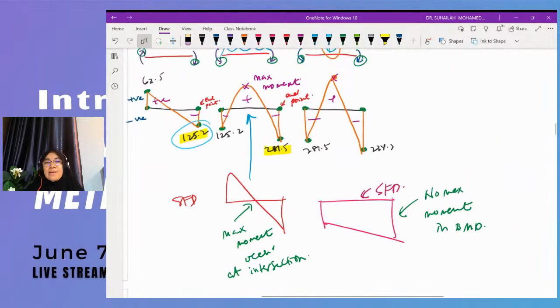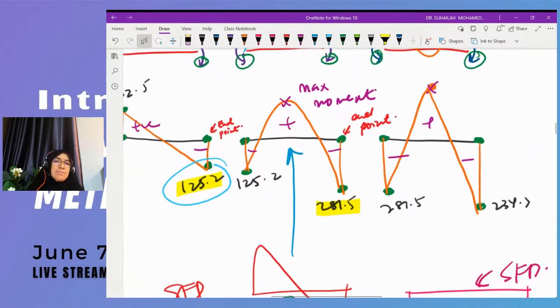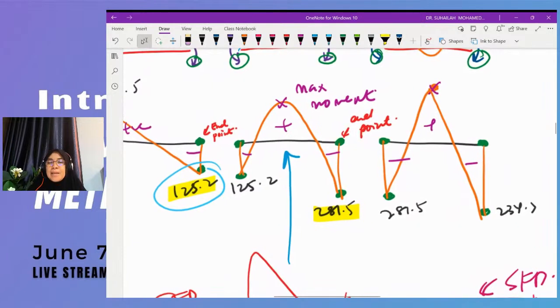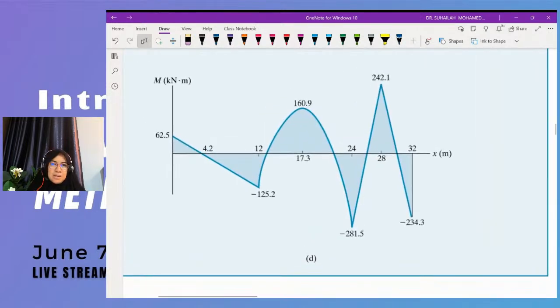So we can only get the maximum moment value in the bending moment diagram when we analyze the shear force diagram. Okay, so you can check back the answer given here.